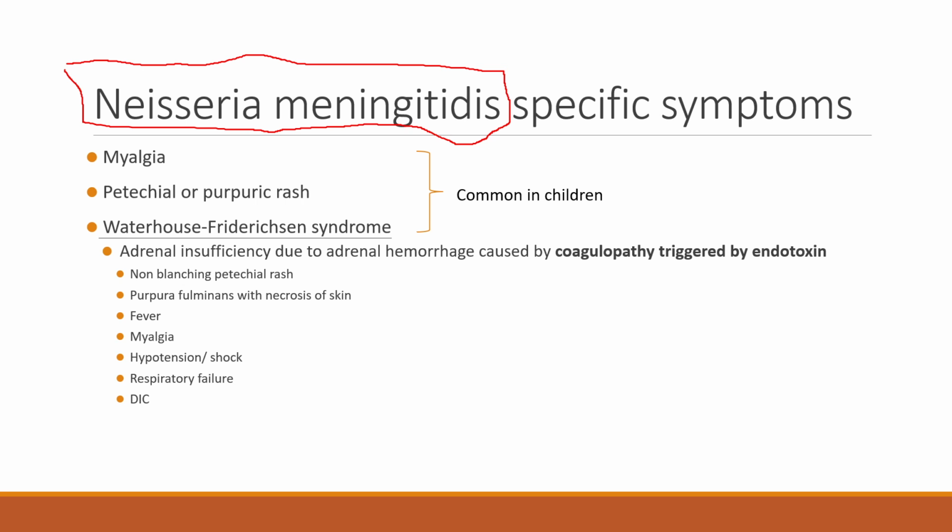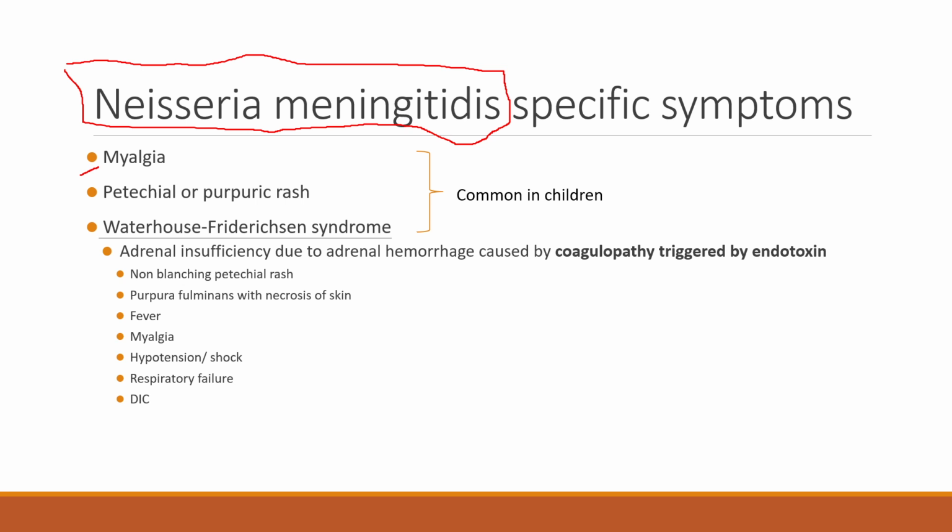And these symptoms on these slides are common in children, who show myalgia, which is muscle pain, or a petechial or purpuric rash, which I mentioned before. It's rare, but not impossible, that there will be Waterhouse-Friderichsen syndrome.